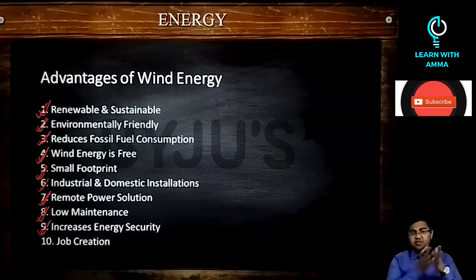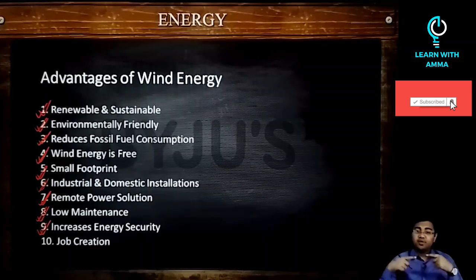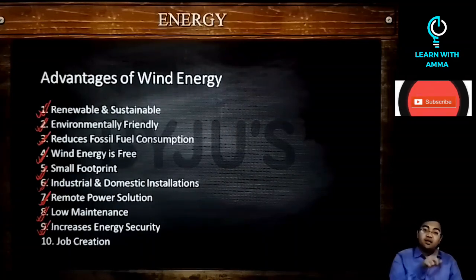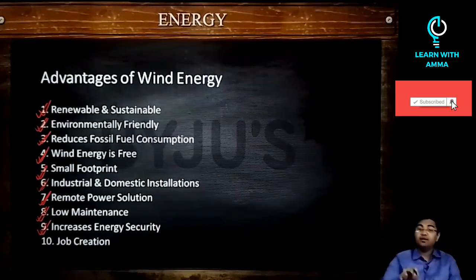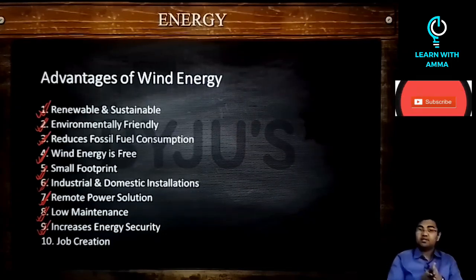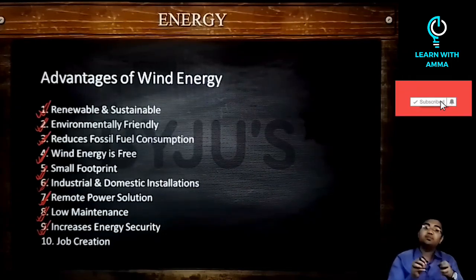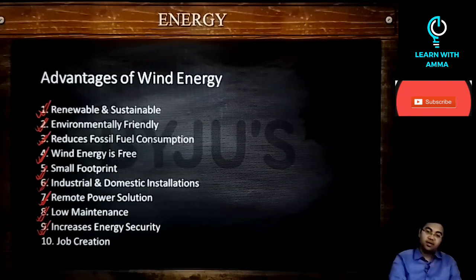The same reasons as we discussed for solar energy also, that this is a form of energy that is freely available to you. You need not be dependent on any third country for the supply of wind energy. So by using this kind of energy, a country can reduce its dependency on global markets, and thus it increases its energy security.